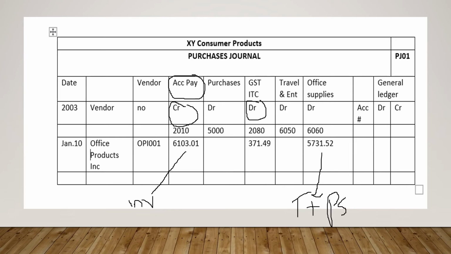You add them together. This is the total purchase. So when you add them together, you get that asset amount. Why do you add PST? You add PST because this is not an item for resale.